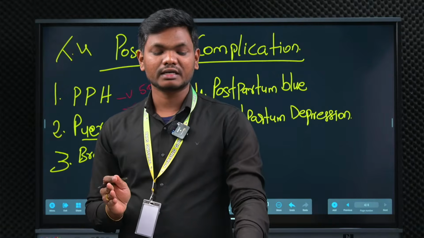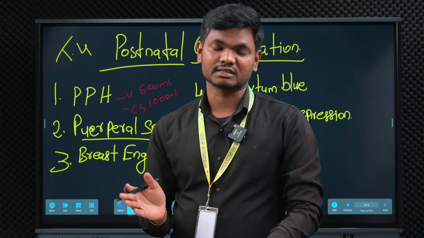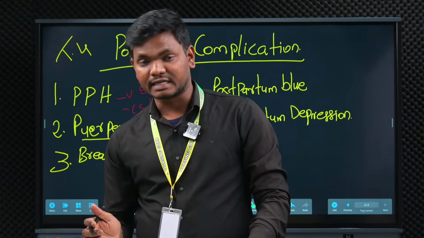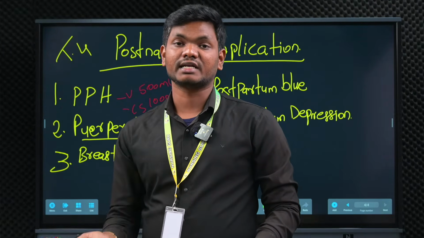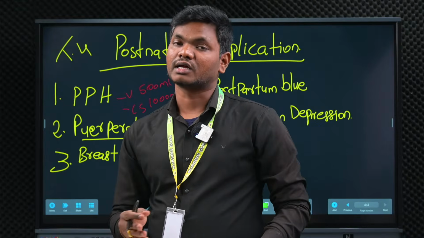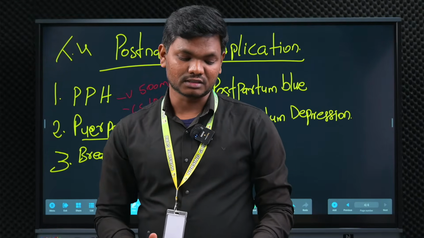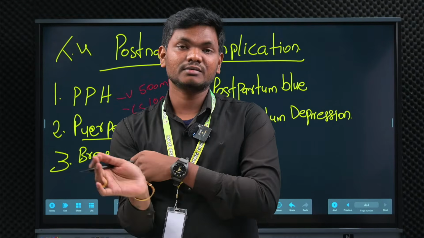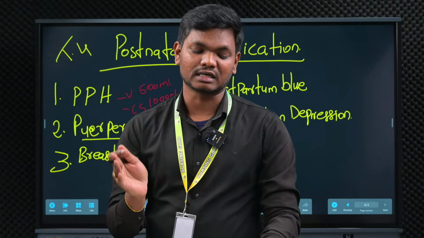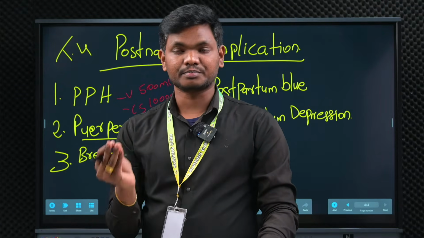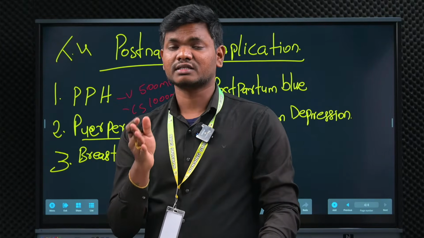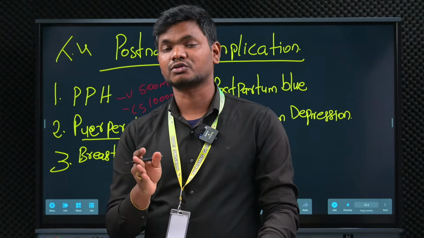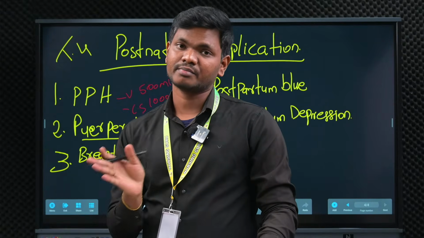And repeated vaginal examination: when the mother undergoes repeated vaginal examinations during labor, that may lead to infections. Then the next one is retained products of placenta or conception. Everything that is a conception product should come out through the vagina from the uterus.